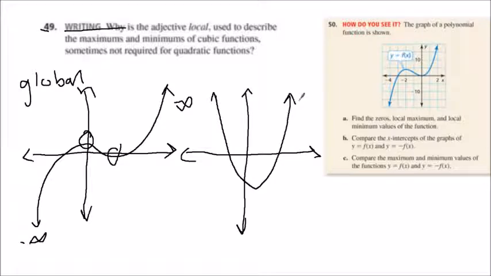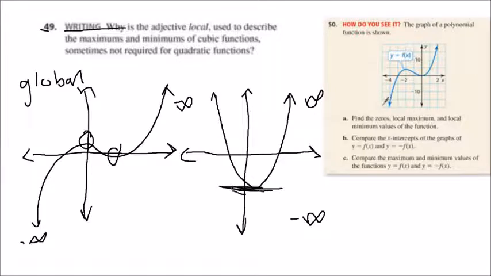Even though the maximum is infinity, the minimum is not negative infinity. The minimum is at a certain vertex, at a certain point. Therefore, you have to use local when referring to cubic functions, but you can use global when you refer to regular quadratic functions.